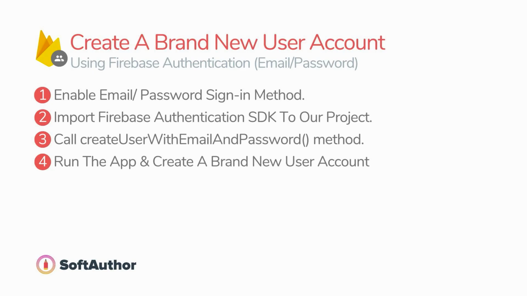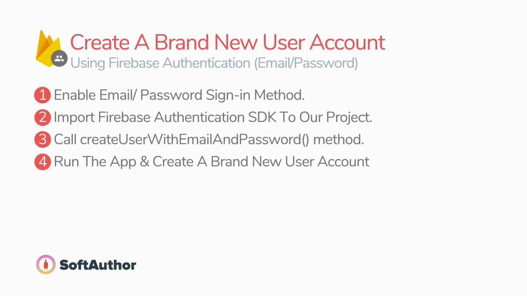The second step is to import the Firebase Authentication module in order to create a new user account. Now I'm going to import the Firebase Authentication module via CDN, Content Delivery Network, which is basically a Firebase Authentication JavaScript file hosted on the Firebase domain.